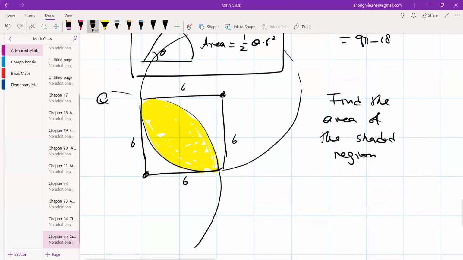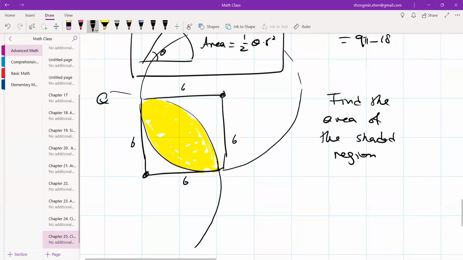Rule number one, remember? Draw the lines if necessary. Connect important points. There are only two lines you can draw, right?